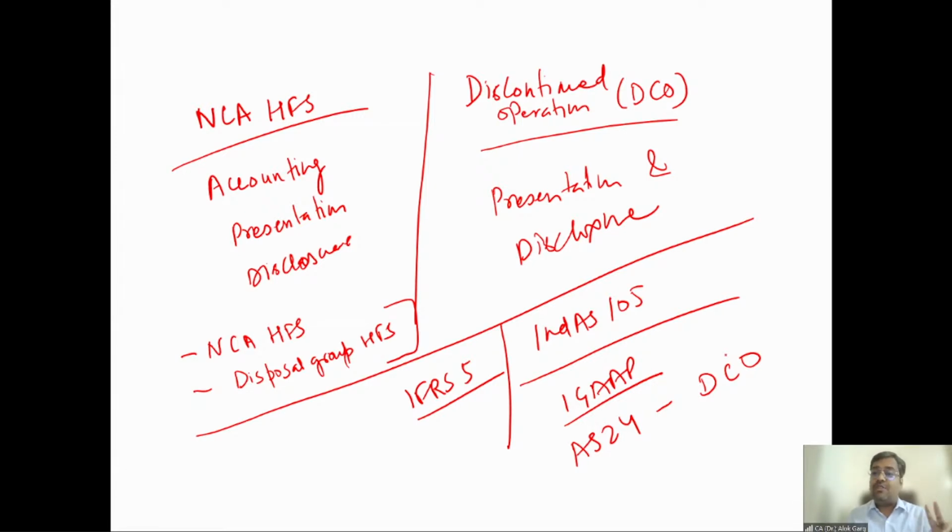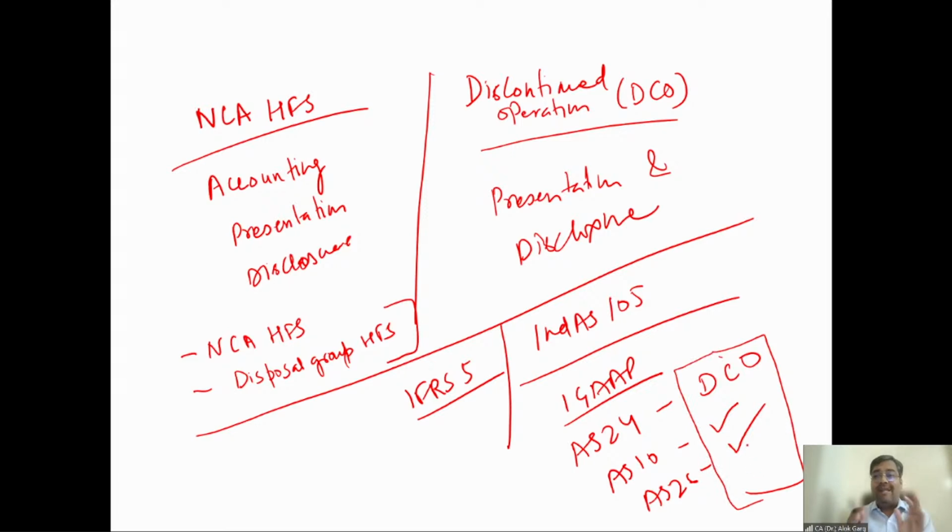So there were 2 standards, AS 10, which was related to fixed assets, right? AS 10 talks about the tangible non-current asset held for sale. And there was AS 26 relating to intangible assets, which was taking care of the intangible asset held for sale, right? So in IGAP, there was a combination of 3 standards which was taking care of non-current asset held for sale and discontinued operation.